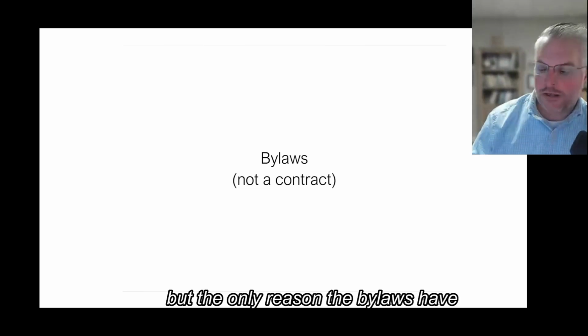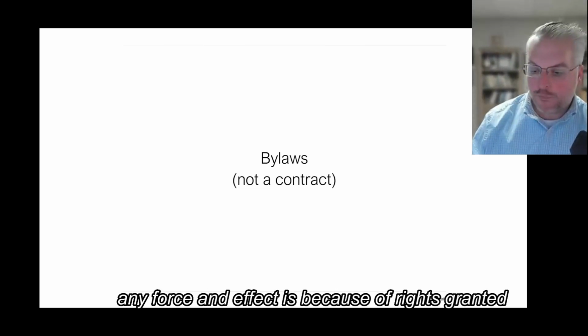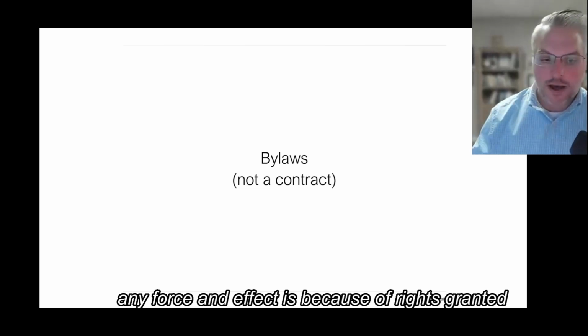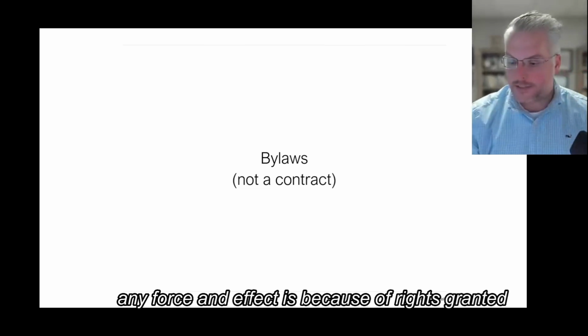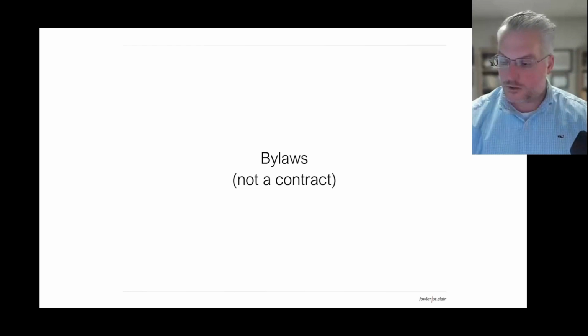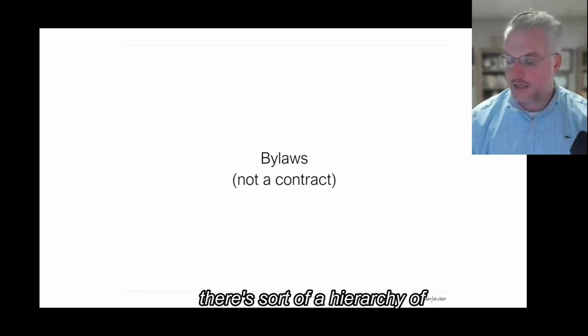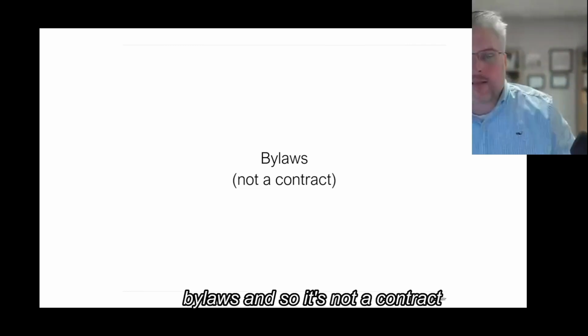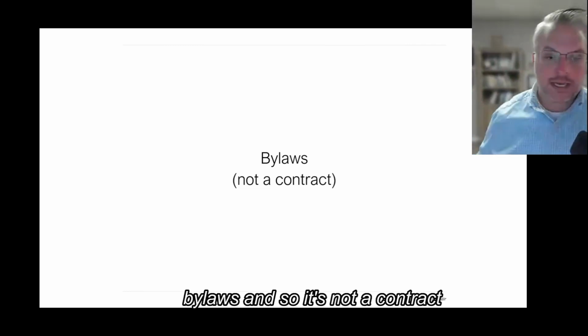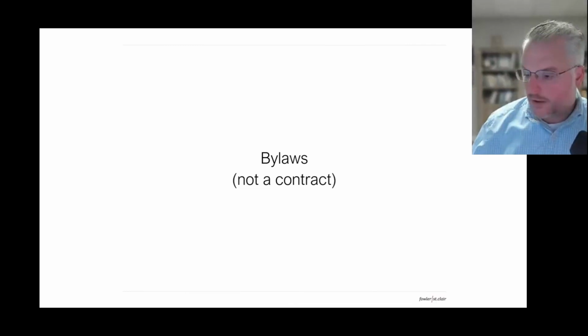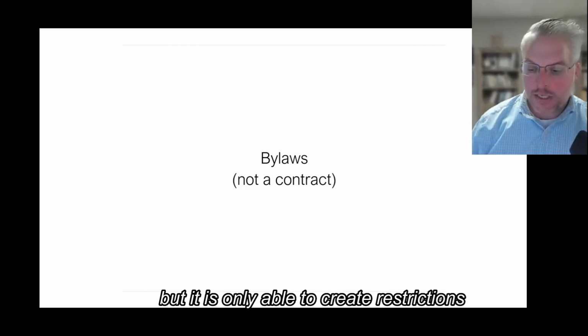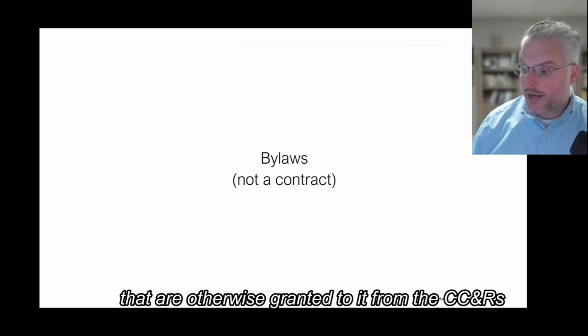But the only reason the bylaws have any force and effect is because of rights granted to the members via the CC&Rs. There's sort of a hierarchy. And so it's not a contract, but it is only able to create restrictions that are otherwise granted to it from the CC&Rs.